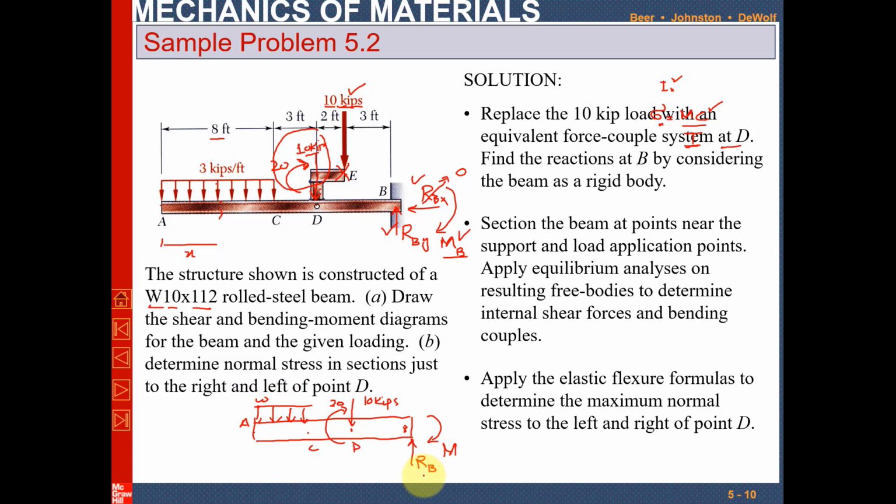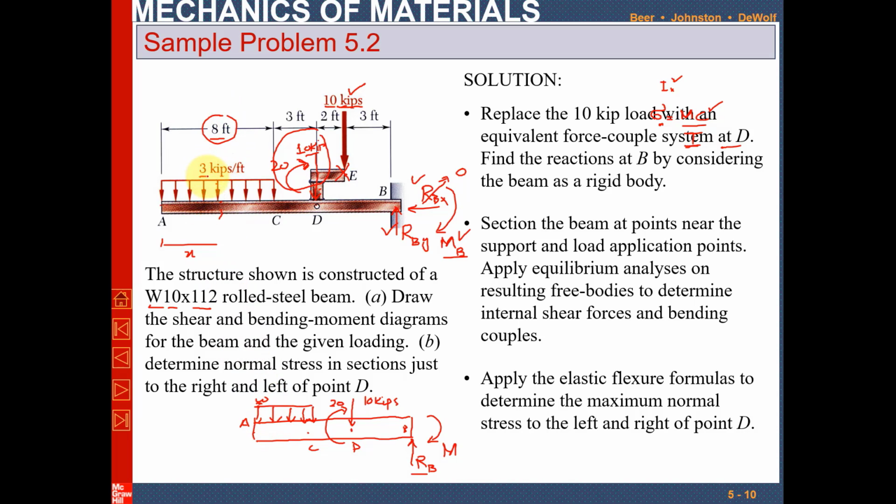Now in order to find this reaction force, you have to convert this uniformly distributed load into a concentrated load. So you have to multiply W with the entire length over which this uniformly distributed load is acting, which is 8.